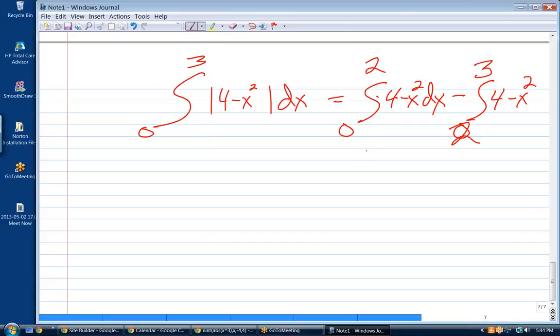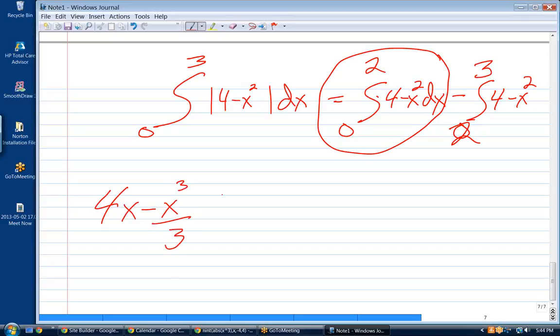Right, let's go ahead and finish it. So this piece here becomes 4x minus, go ahead, you help me out here. X to the third over 3. Okay, and that's going to be evaluated from 0 to 2, minus 4x. What you want to be very careful about here is your parentheses and your signs.